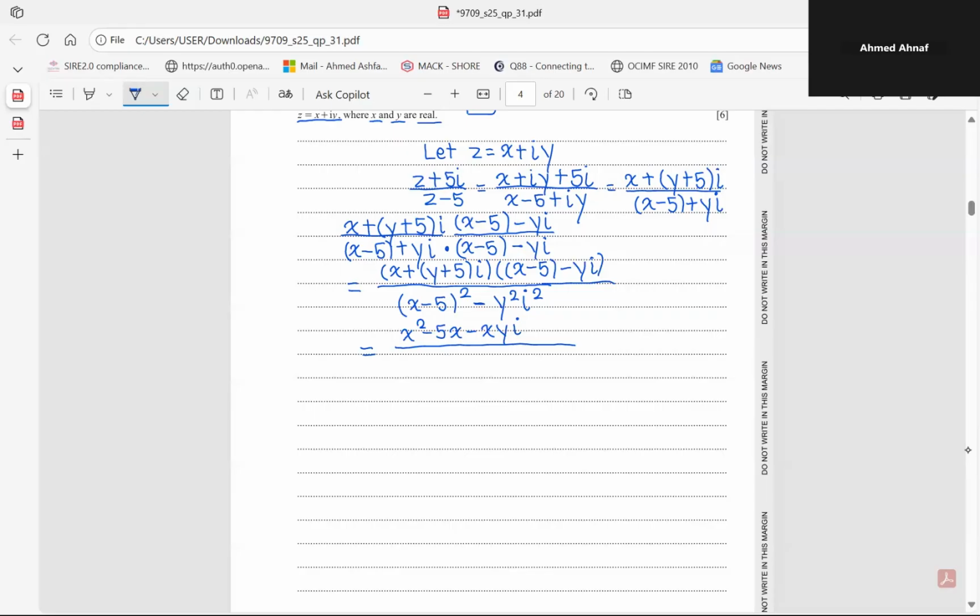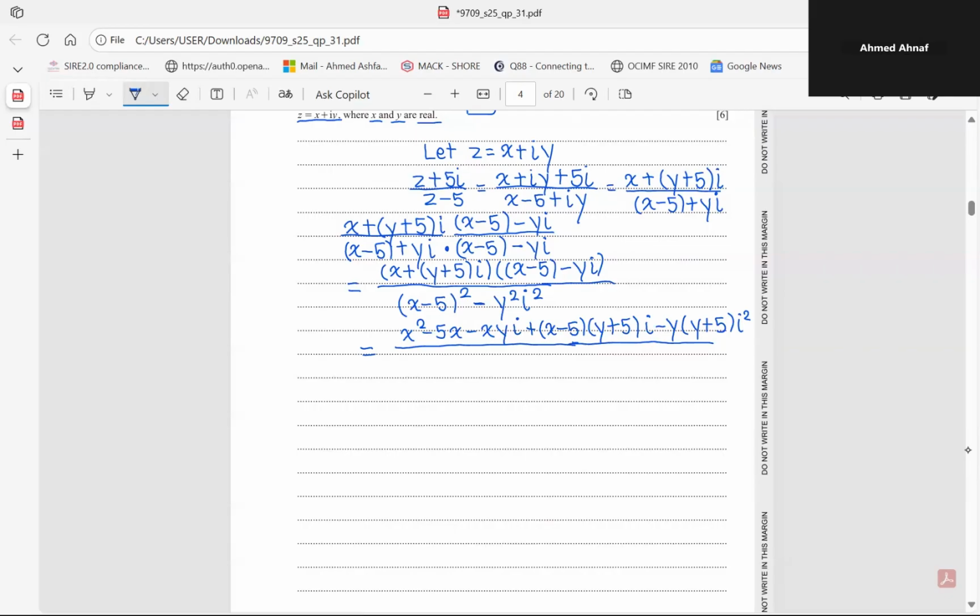And then the bracket y plus 5i times x minus 5, that is just x minus 5 times y plus 5i, and then y plus 5 times i minus yi, that is minus y times minus y plus 5i squared.